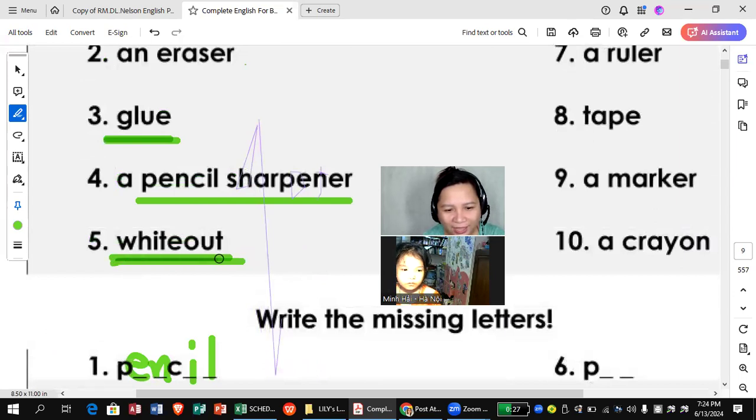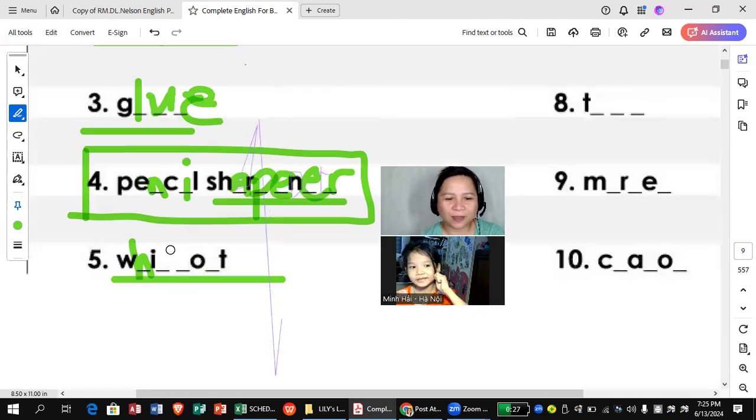How to spell white out? I remember. Okay, spell W, H, I, T, E, O, U, T.